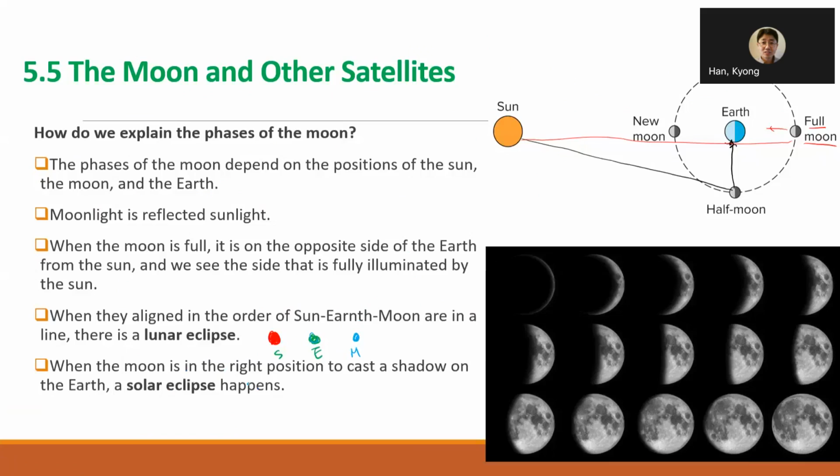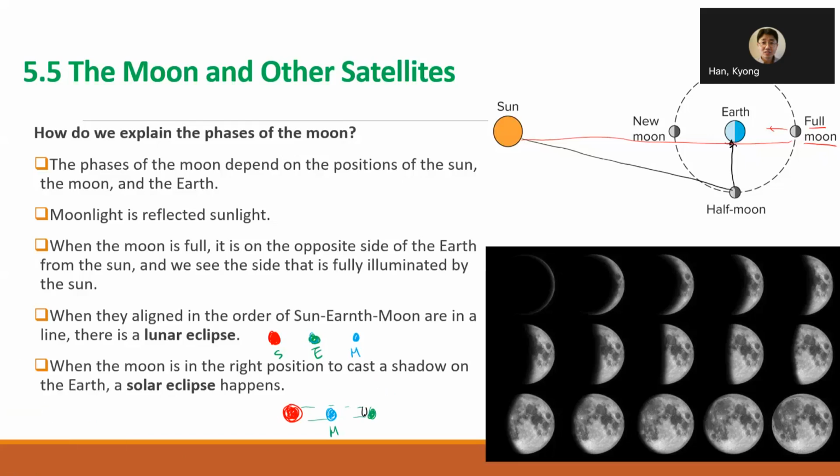But also, when the moon is in the right position to cast a shadow on the Earth, that is a solar eclipse. It is daytime, the sun is here, the moon is here, our earth is here, and the moon blocks the sunlight, so you can see some shadow there.